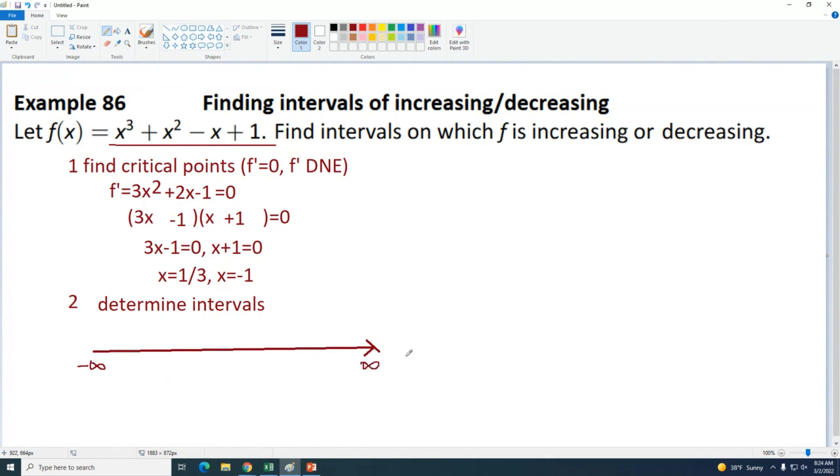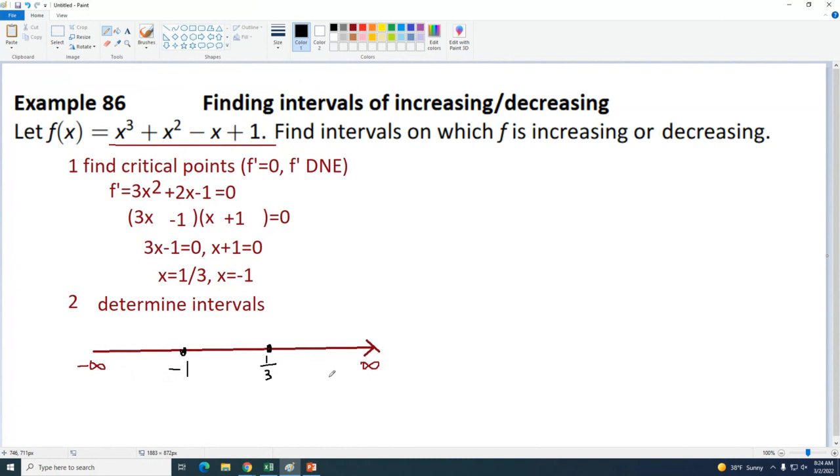On the far left is negative infinity, and on the right is positive infinity. Right in the middle, we're going to label these two numbers. As you label the critical points that you find, you want to label the smaller number on the left and the bigger number on the right. So we're going to label -1, and we're going to label this as 1/3.